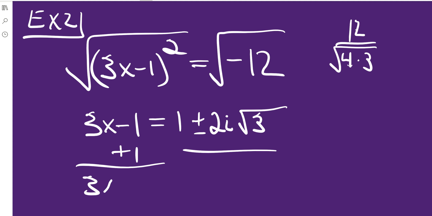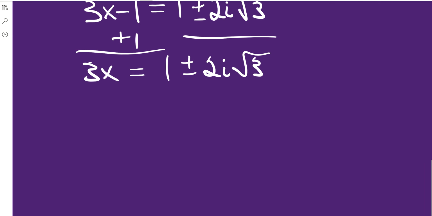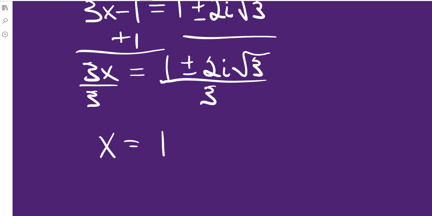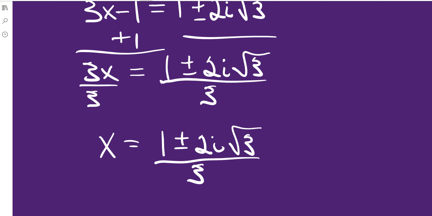And I've got 3x equals 1 plus or minus 2I root 3. And finally, divide both sides by 3. So, x equals 1 plus or minus 2I root 3 divided by 3.